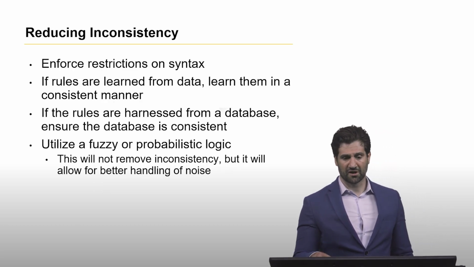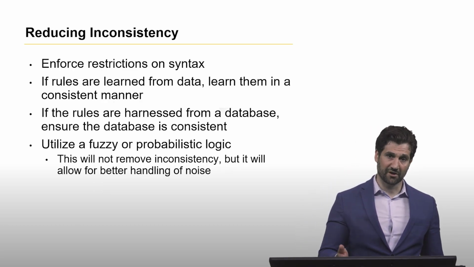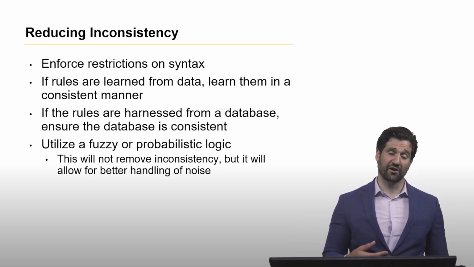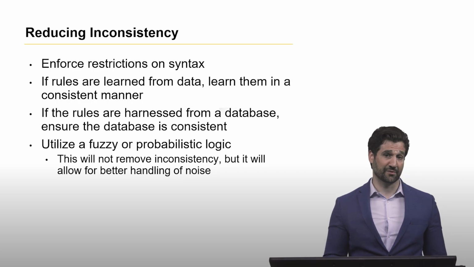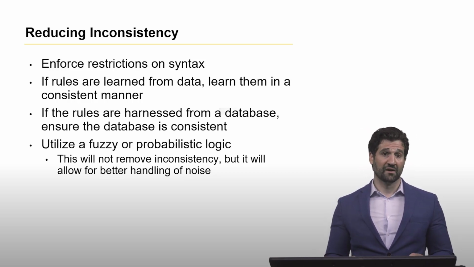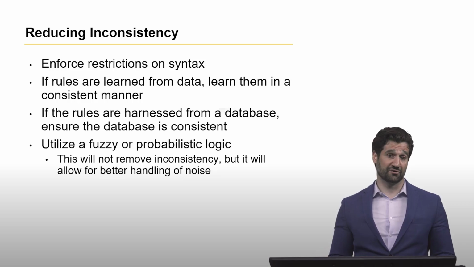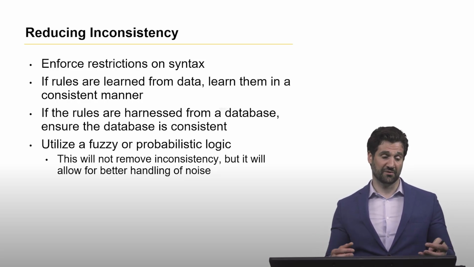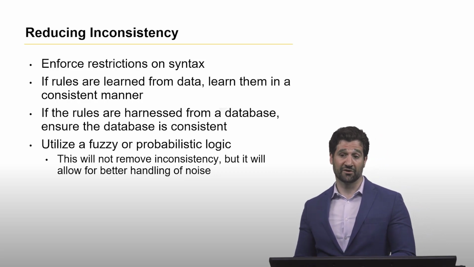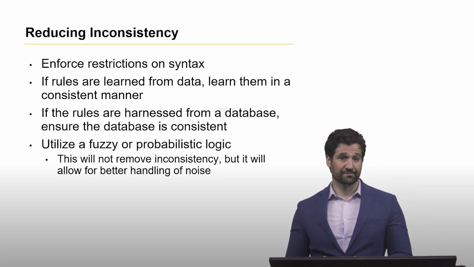And so a couple things could be done. First is, if you're creating rules that are coming from a domain expert and you're making restrictions, communicate that and enforce those restrictions, saying, as soon as you have something that concludes that, this turns off the ability to allow these other rules.